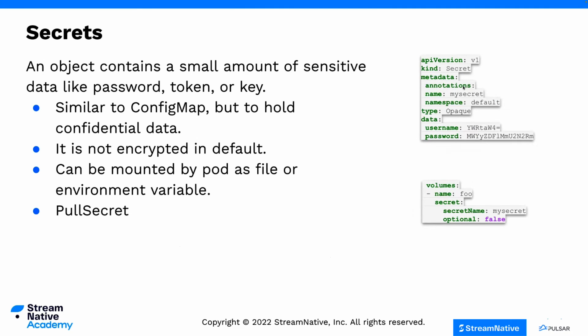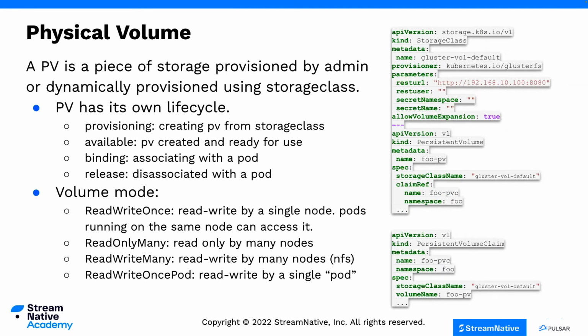Okay, this is a config, right? So here we go back to the physical volume, which is the disk, the storage, right? So this is the definition of storage. It's storage class, that's the persistent volumes, that's persistent volume claim.